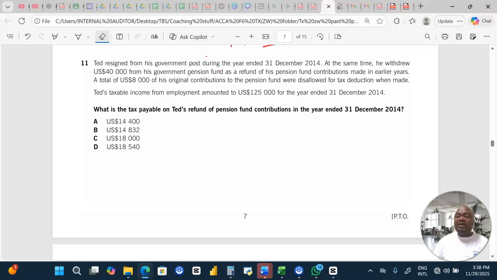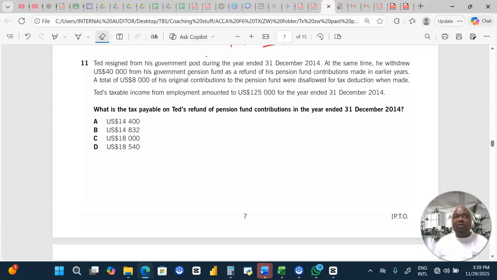All right. Why wasn't it allowed? It was considered a capital contribution, or a capital expense. So when he was making the contribution, the taxman did not allow him to deduct those.